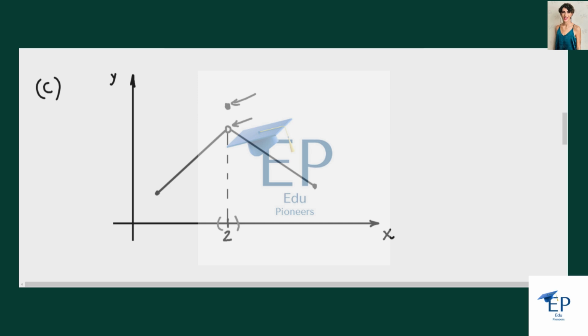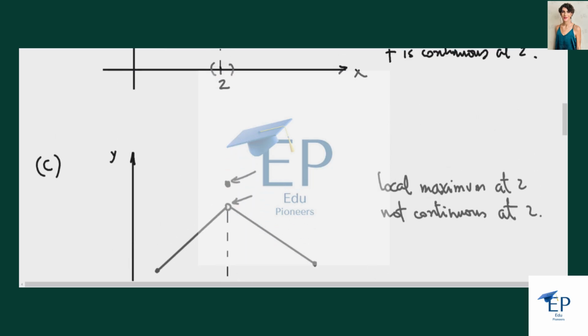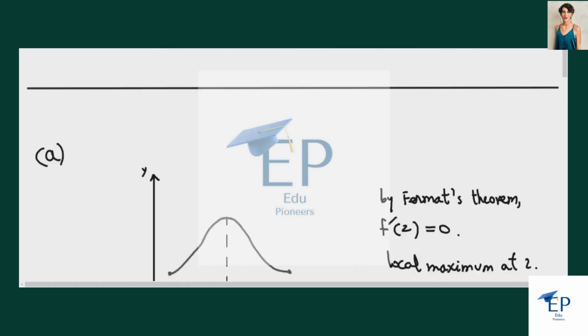So it has a local maximum at 2, and is not continuous at that point, and of course not differentiable also. So we have these three solutions to the given problem.